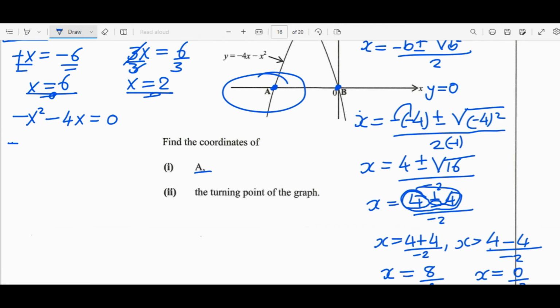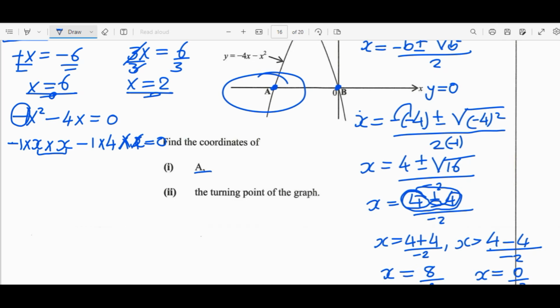So I'm going to say negative 1 times x times x. So there is a negative 1 here times these 2x. Here I'm going to say minus 1 times 4 times x is equal to 0. Okay, you get the picture why I'm doing it like this.